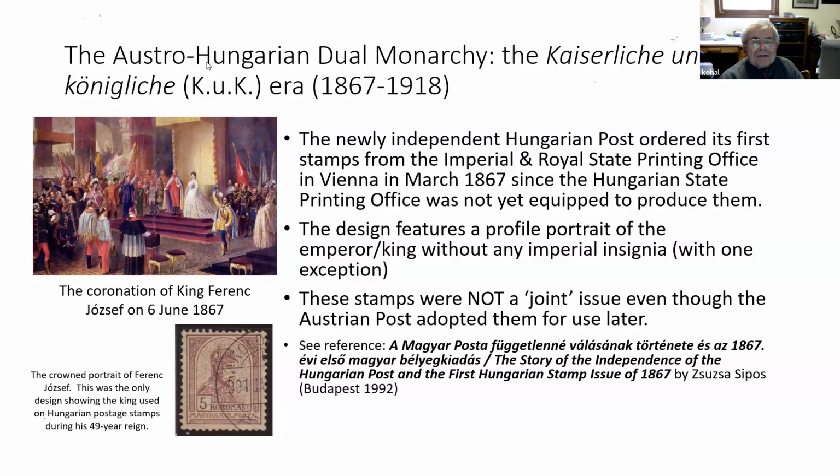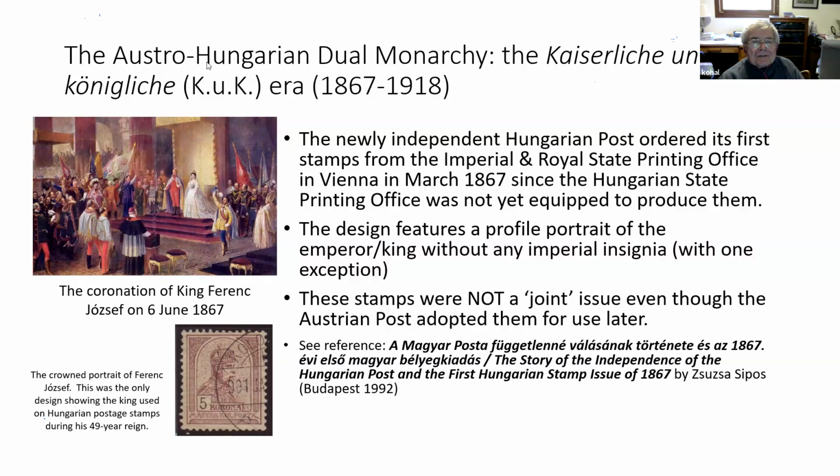So the catalogs define this issue as kind of a joint issue. It's not necessarily Austria used in Hungary, but Hungarian stamps not being available at that time, they considered that the Hungarian post used Austrian stamps.